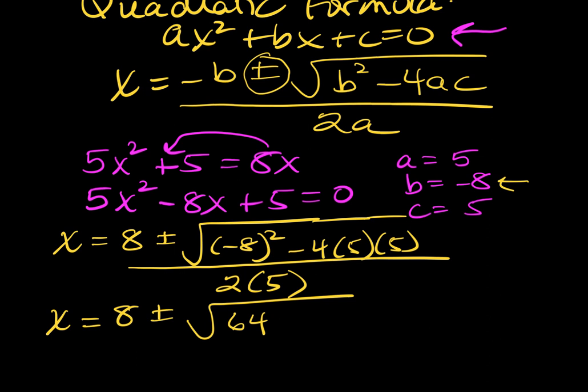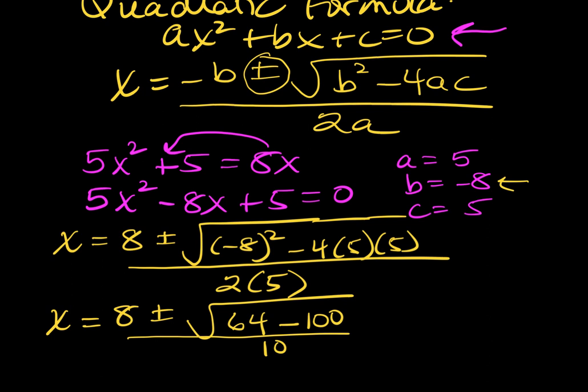And then that minus 4ac could easily become plus if either a or c is negative. So we just have to be really careful of our arithmetic. In this case, if we do minus 4 times 5 times 5, we have minus 100. It stayed a minus because a and c were both positive, all over 10.